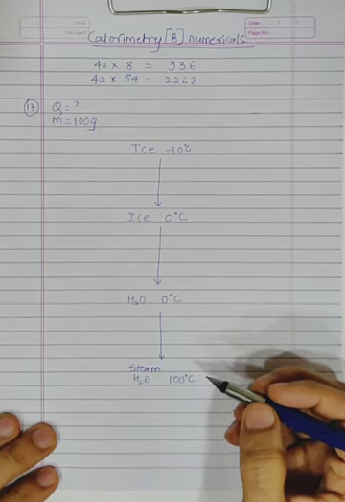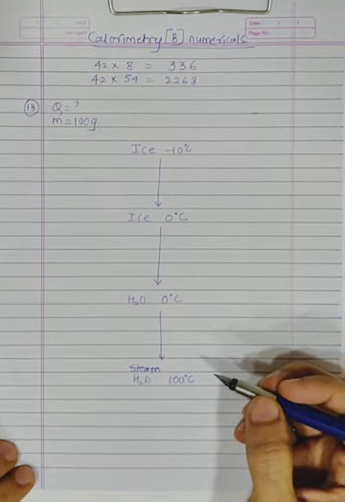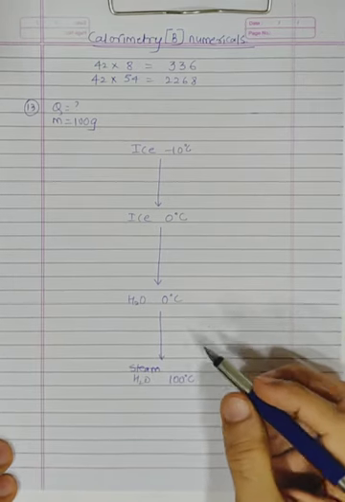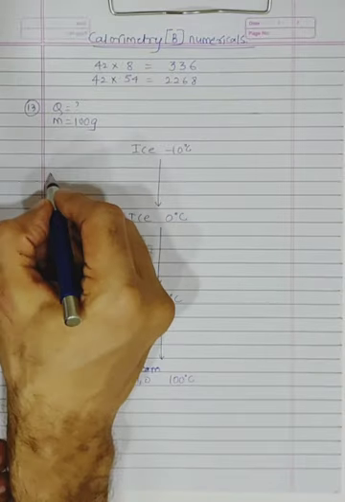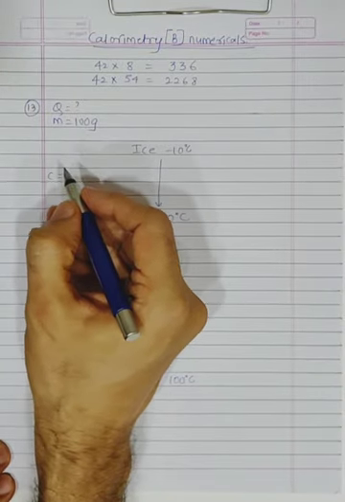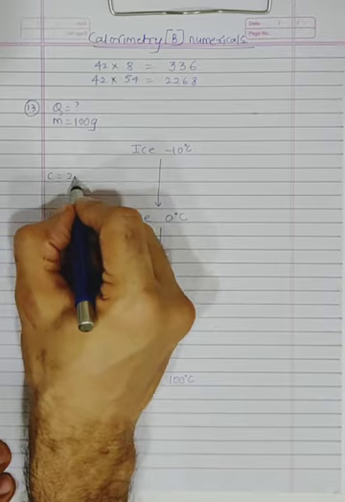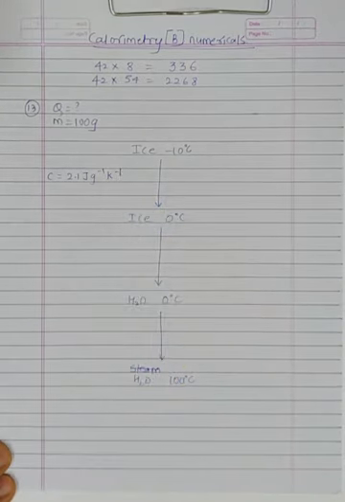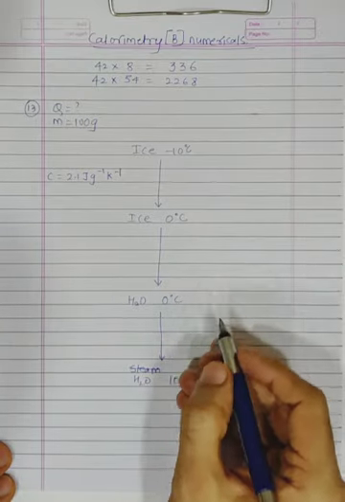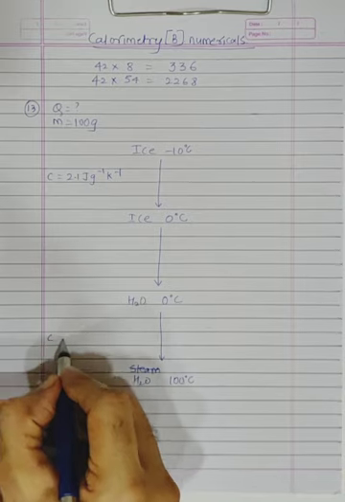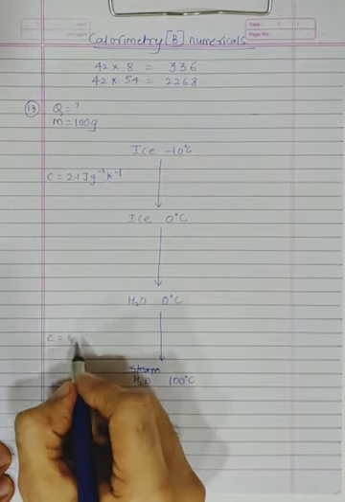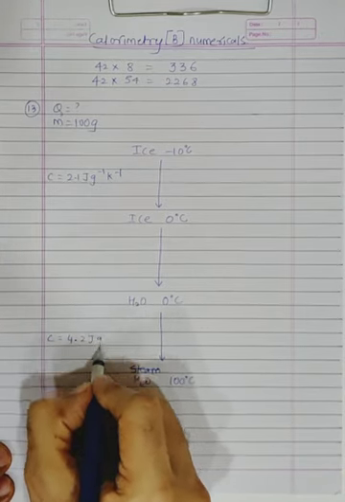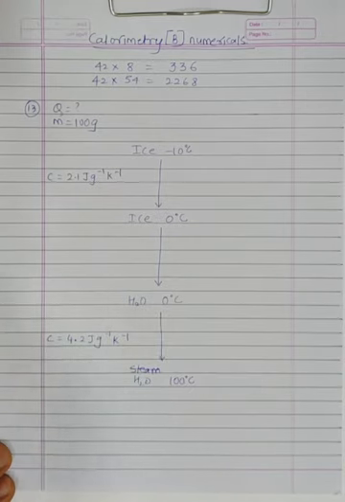Now, the data given to us: first, the specific heat capacity of ice, given as 2.1 joule per gram per Kelvin. Then the specific heat capacity of water, given as 4.2 joule per gram per Kelvin.